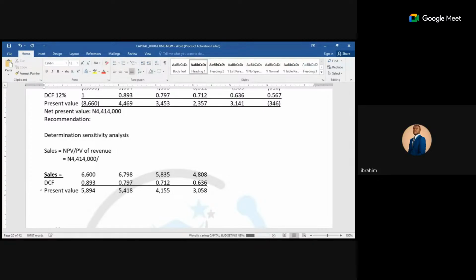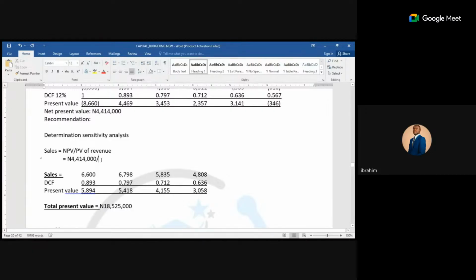So when you add everything together, what is the total? We have 18,525 present value. That is in millions.